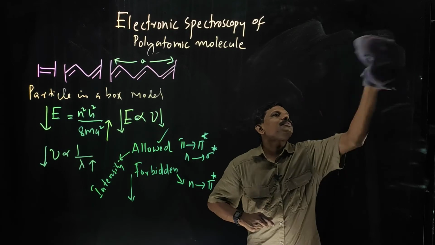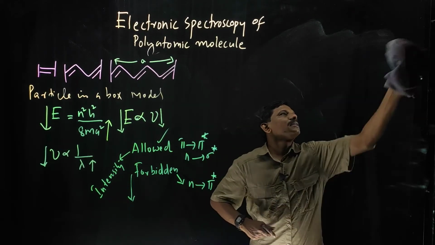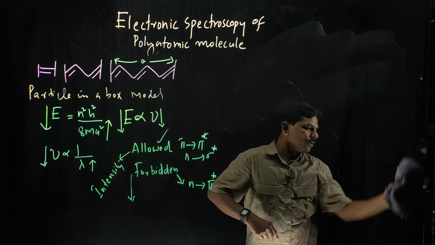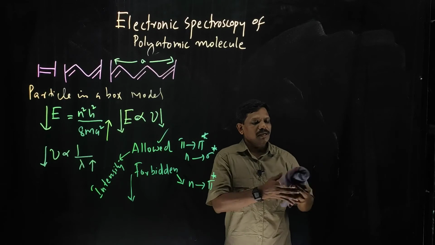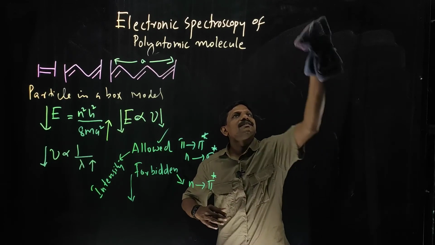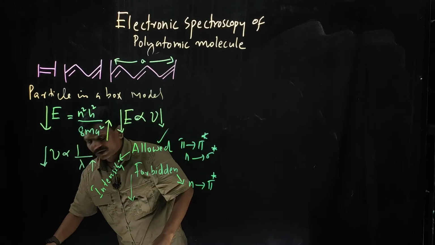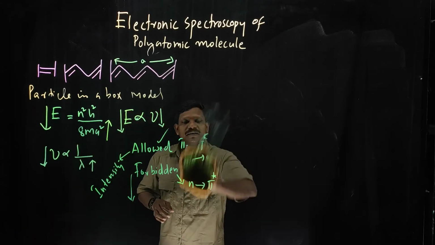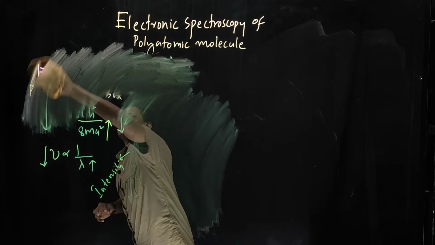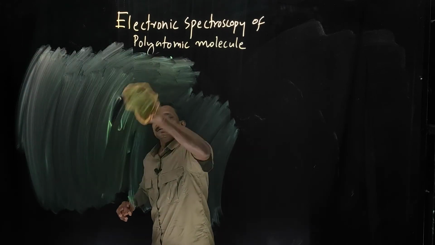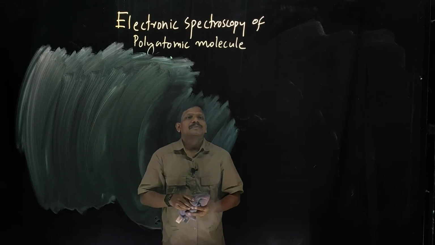There I will introduce you to some of the groups which are responsible for light absorption. In a molecule there are some groups for the absorption of light. These groups play a very important role in showing the color in the visible region. So we will see some terminology related to that.